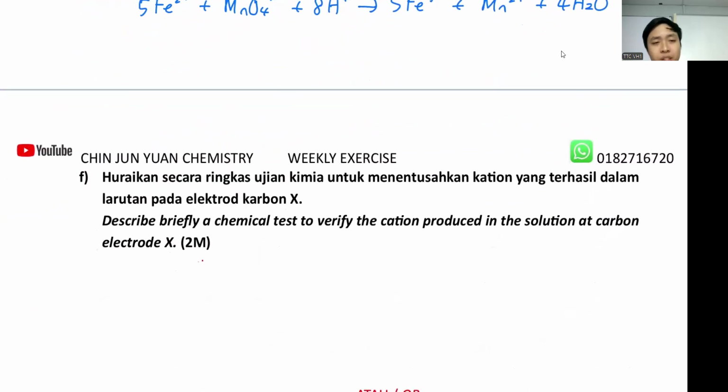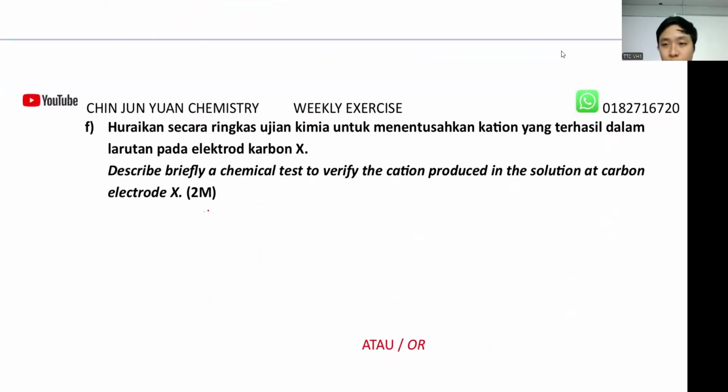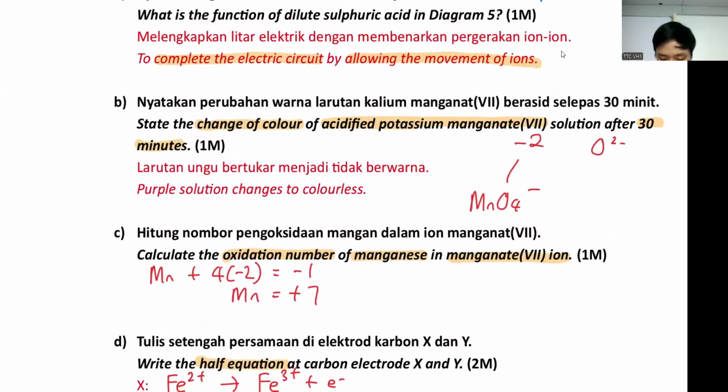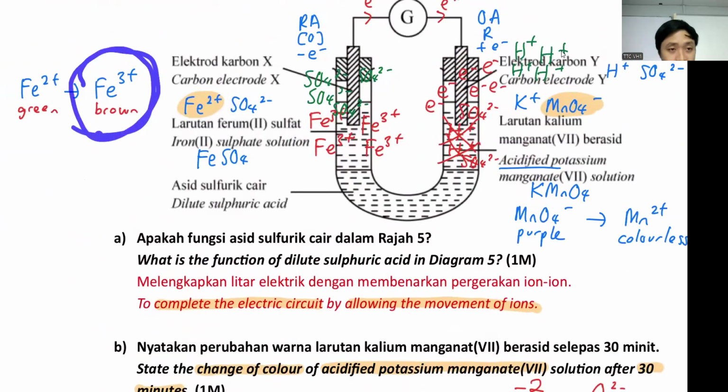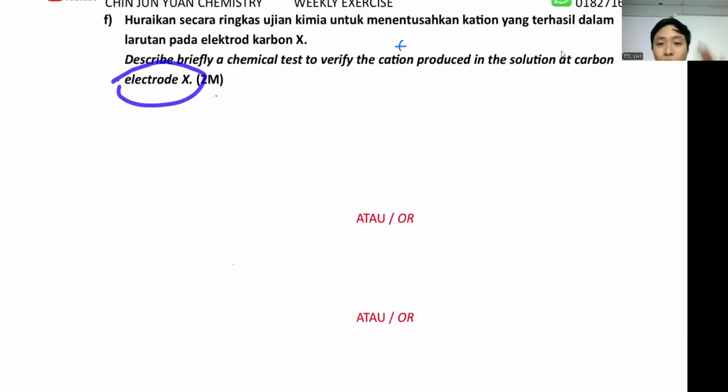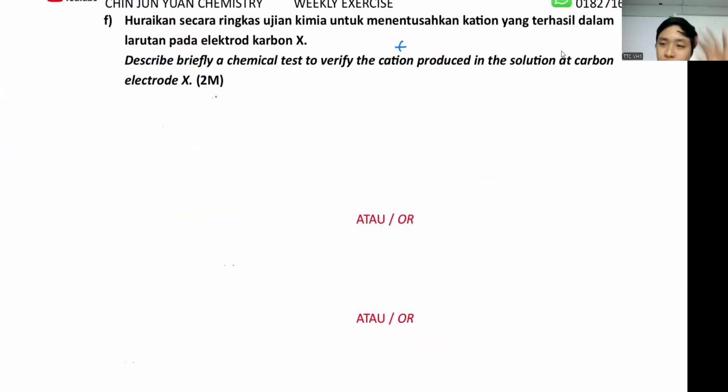Describe briefly a chemical test to verify the cation produced in the solution at carbon electrode X. So cation is positive ion. The positive ion produced in X is Fe3 plus. So how do you test Fe3 plus? You got 4 different methods. You choose one only.